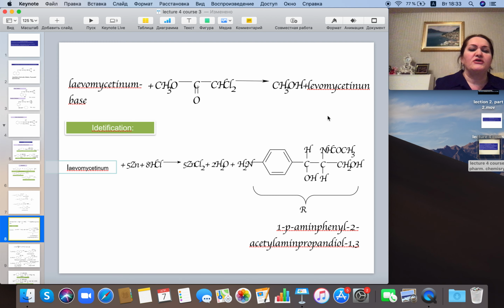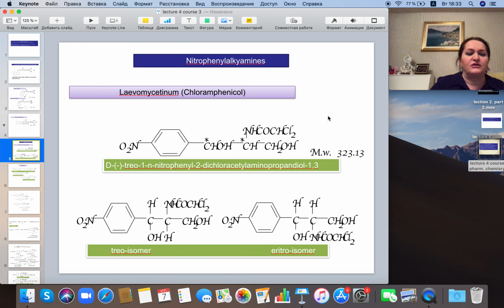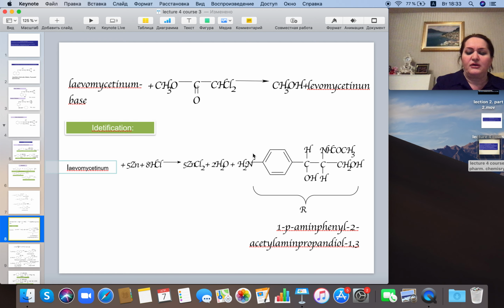The D-threo levomycin, which has physiological activity, dissolves in methanol, and because of these properties we can separate the threo isomers from the L-threo isomers.